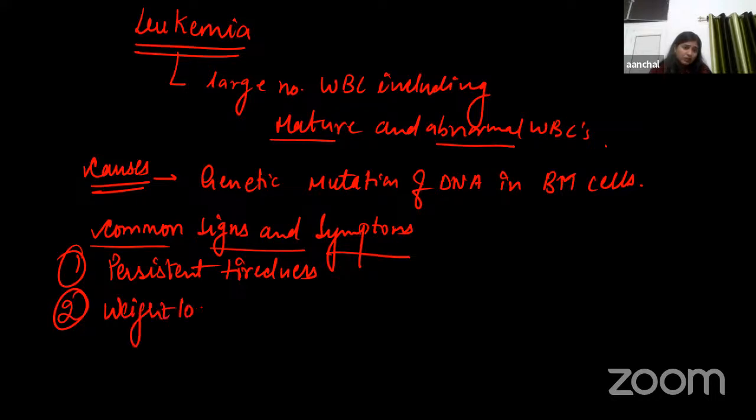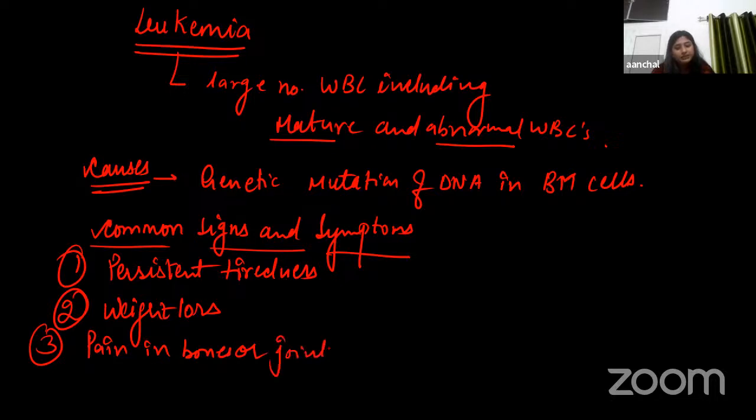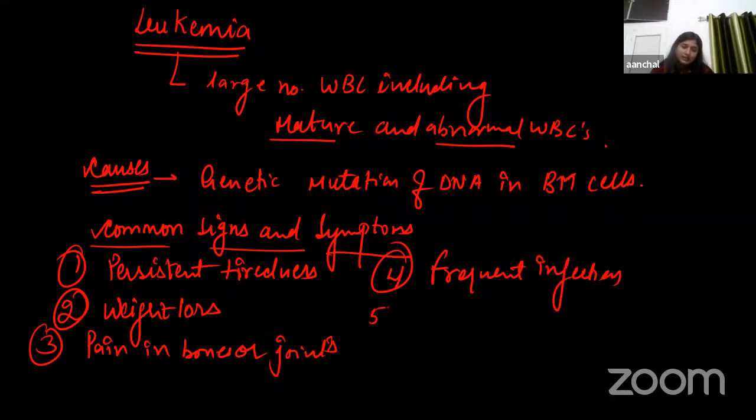The condition of weight loss can arise. Then pain in bone or pain in joints, right? Another thing could be frequent infection, bleeding. So these are the common signs and symptoms of leukemia. So this is all about leukemia.